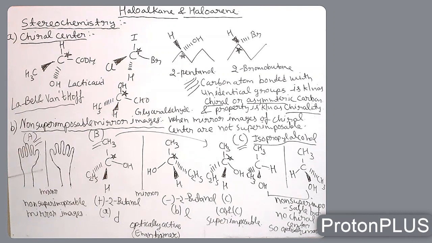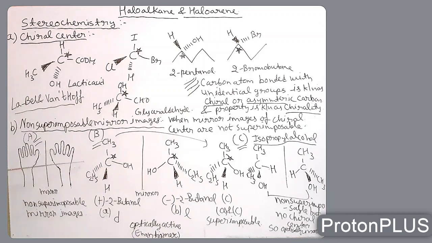We will take some more examples by which we can explain this term, non-superimposable mirror images. Like we have taken 2-butanol. This plus sign is showing rotation that is clockwise, dextrorotatory, we will write it.